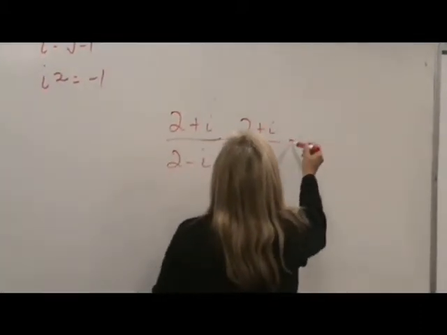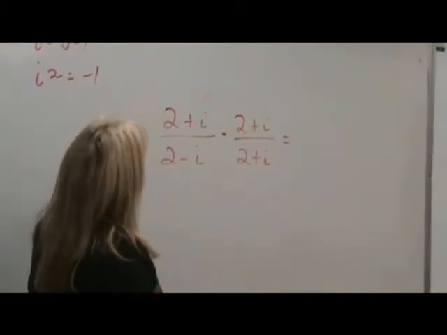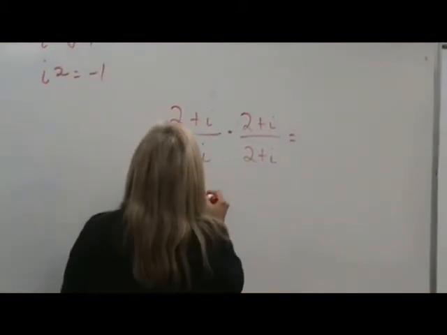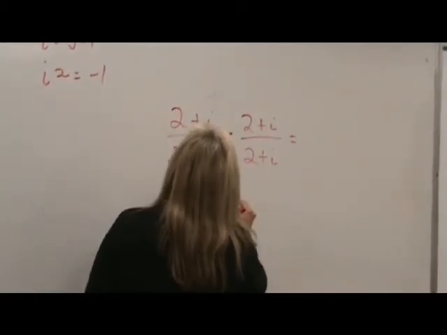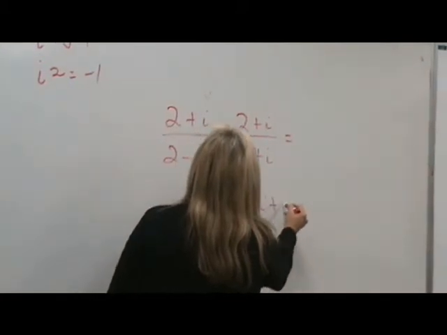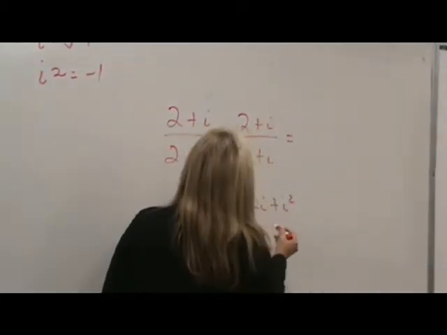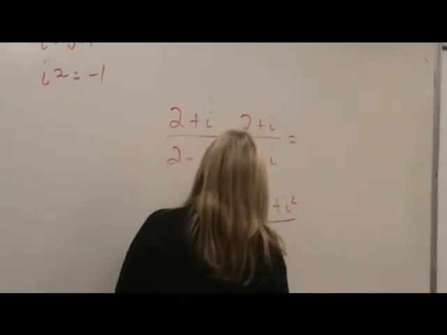And then we would multiply it out. And we have 4 plus 2i plus 2i plus i squared over 4 minus i squared.